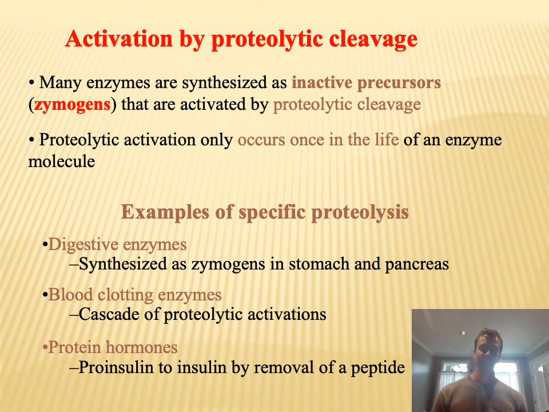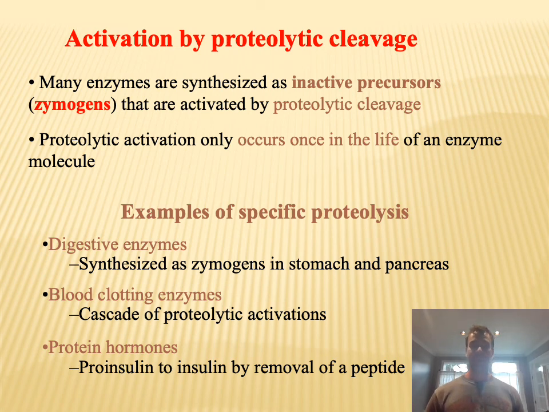Digestive enzymes, for example, are synthesized this way. Blood clotting enzymes are synthesized this way. This is hugely important in the coagulation cascade. Otherwise, you'd have clotting in your blood going on all the time.